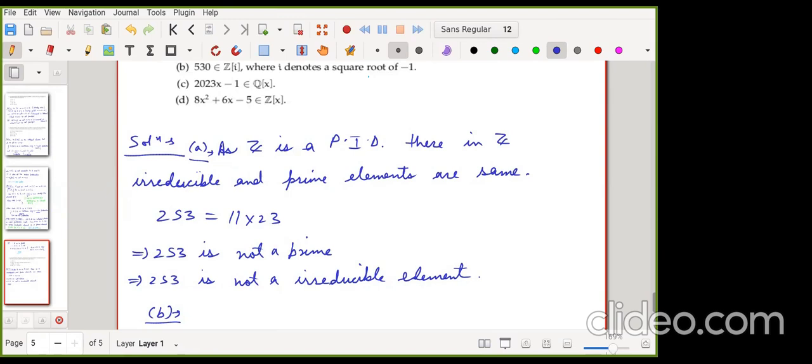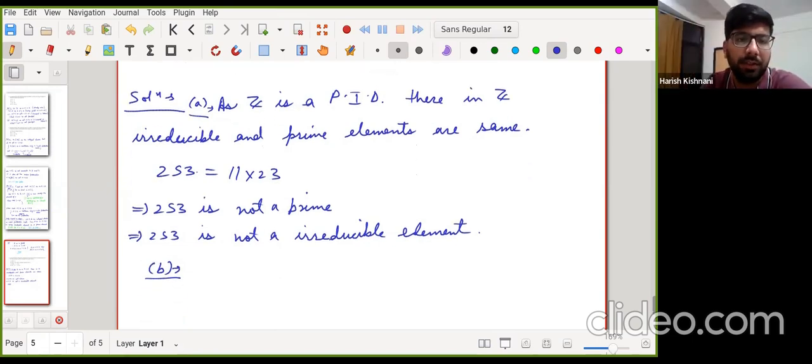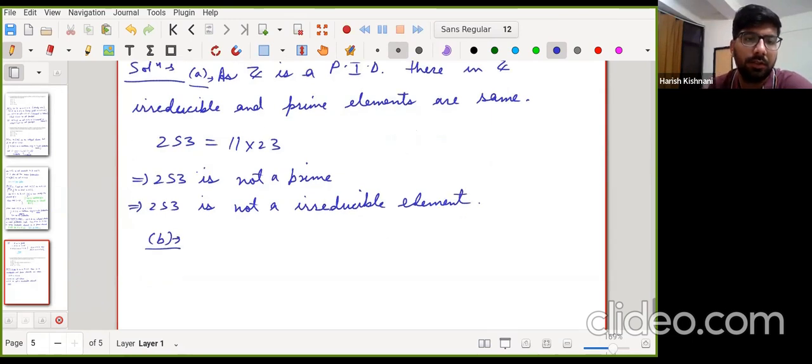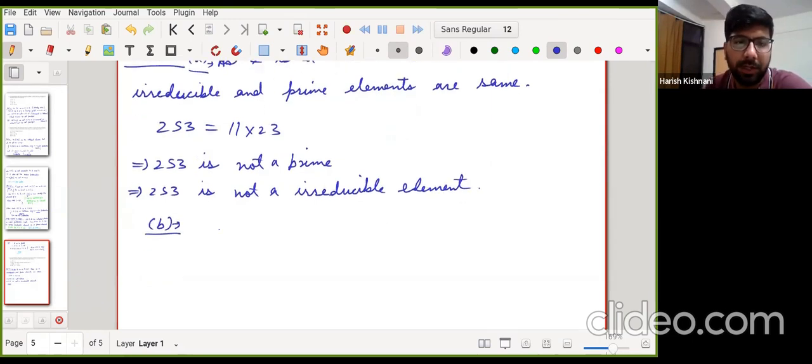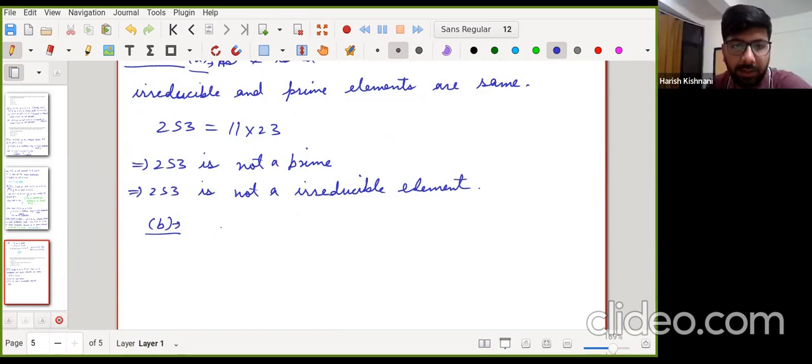Because you can factorize 530 in ZI. Yes, that is okay, right? So 530 is factorizable in Zi, which means it is not irreducible, right?